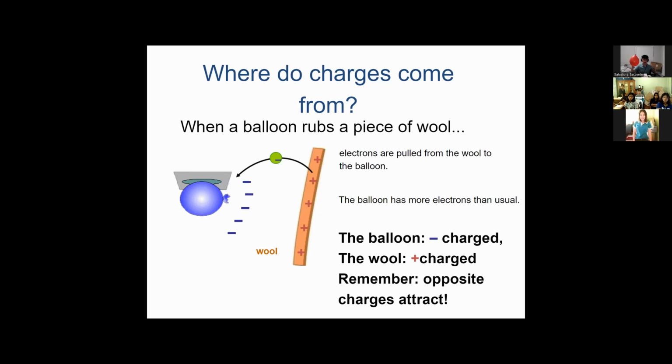Remember, it's static, it's not a current. The balloon has more electrons now than usual. So the balloon is negatively charged, and the wool or the jacket is positively charged. The electrons go to the balloon because it accepts electrons. The positively charged one cannot, and opposites attract.